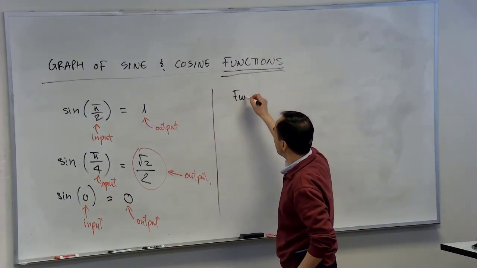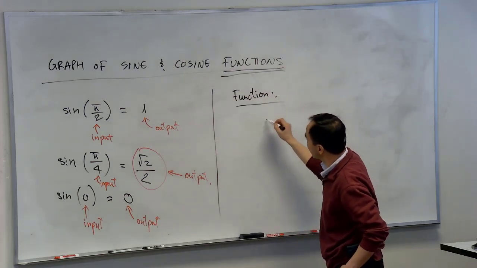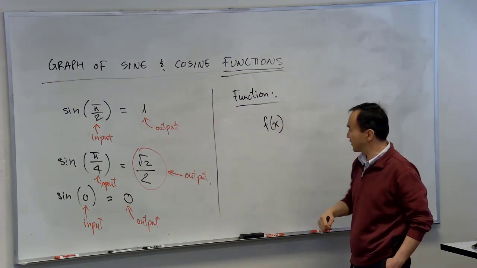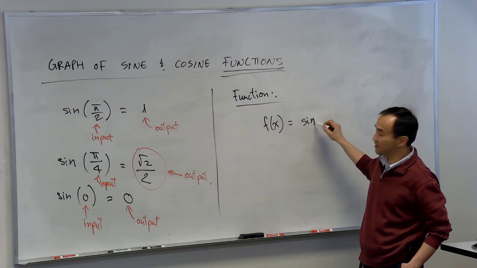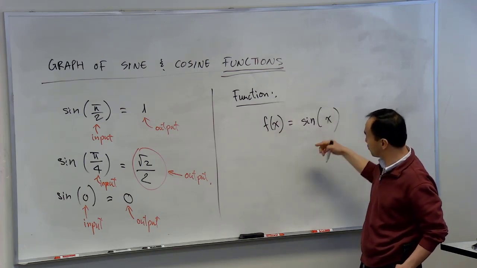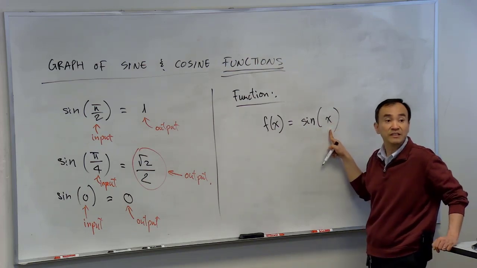We can define a function f of x, where x is just the usual variable, but we define that to be a sine function. The sine here takes the input x. So the input is playing the role of the angle when you're doing the calculation.